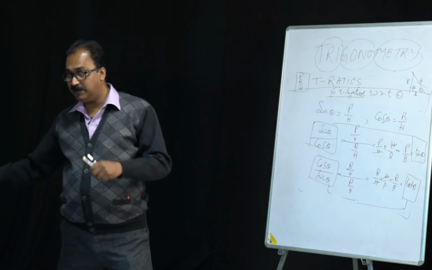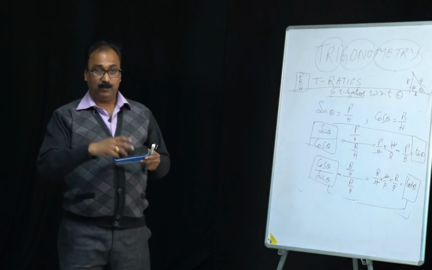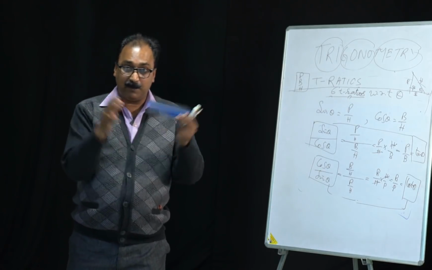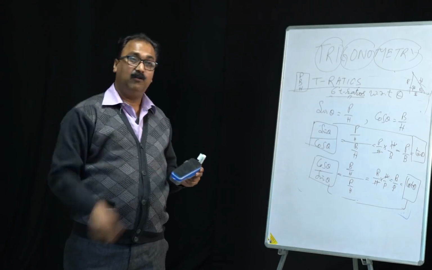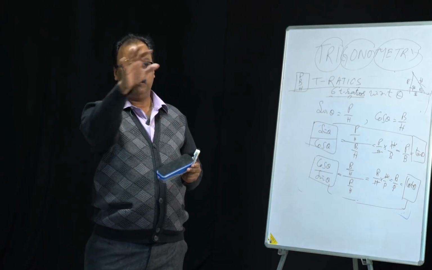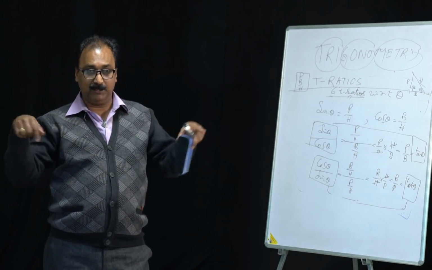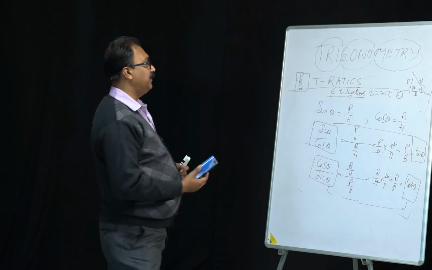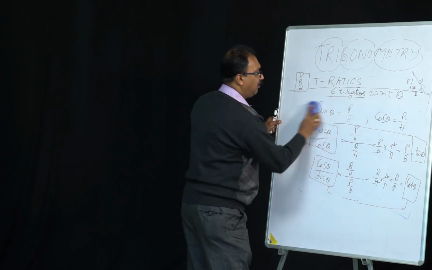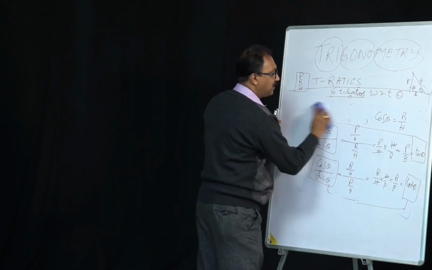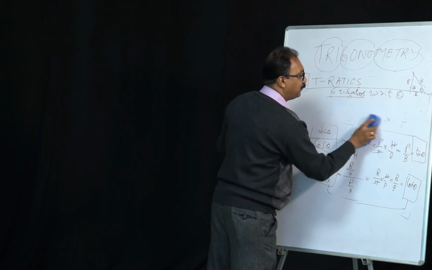Make a chart on paper and fix it on the wall or keep it on your table, it will be easier to memorize. So now I'll give you one flow chart which really helps you.